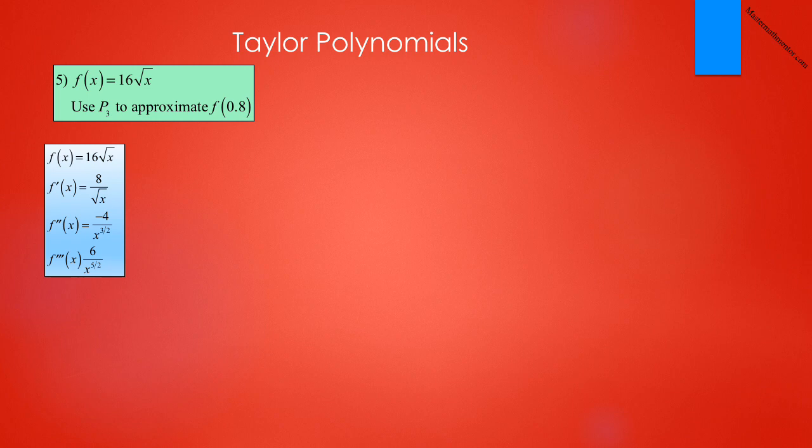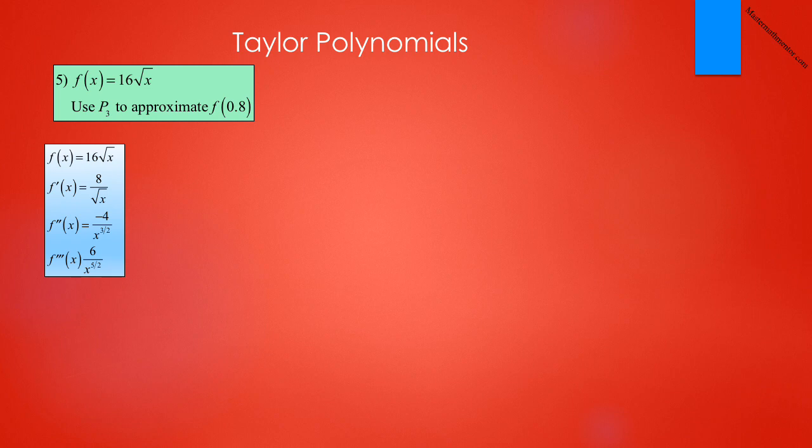Where to center P3? There are two factors here. One, we want to center it close to 0.8. Secondly, we want to center it at a value where it is easy to plug in x in our derivatives. After all, if we use a number like 0.5, we're then having to take the square root of 0.5, and that is the object of the entire lesson.